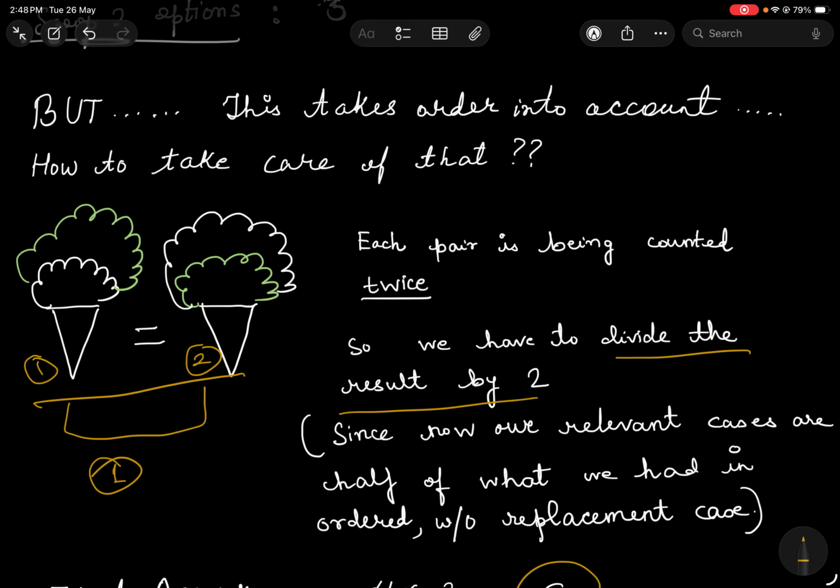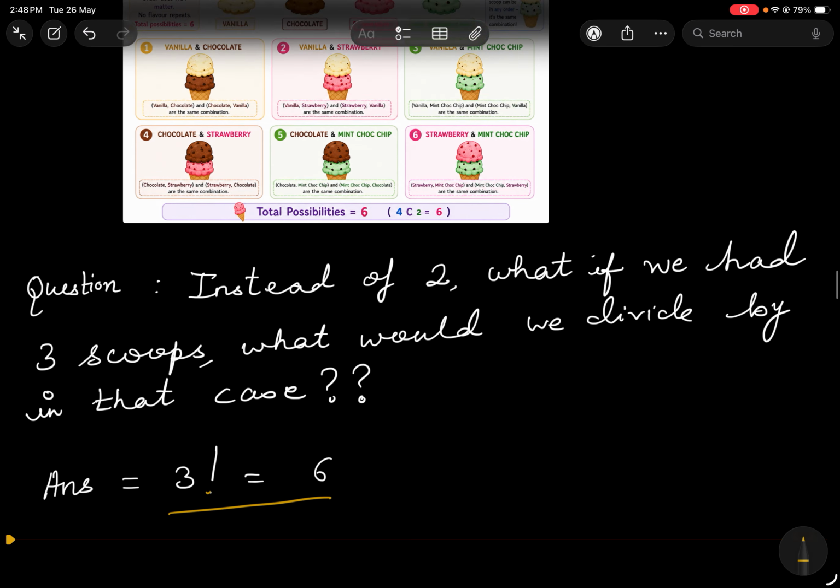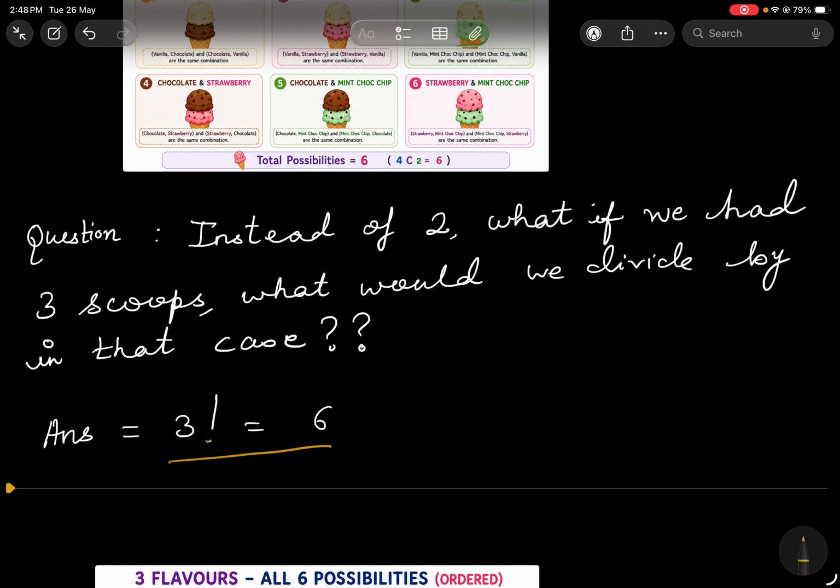All right, so I have to divide by 2. The reason is that I don't want this to be 2 separate options. So instead of 2, if I had 3 scoops, in that case I will see how these 3 scoops would be ordered, suppose in 3 scoops I have vanilla, mint choco chip and strawberry.